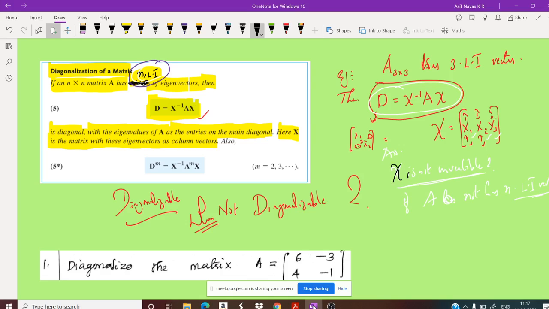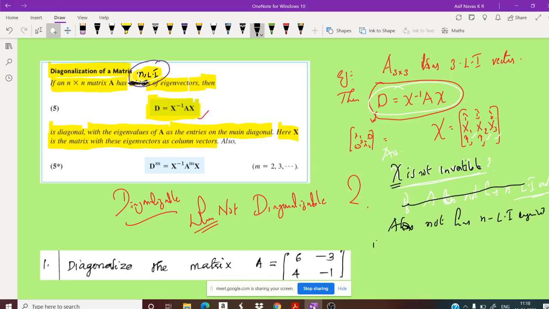So A is not diagonalizable when X is not invertible, and that happens only when A does not have n linearly independent eigenvectors.